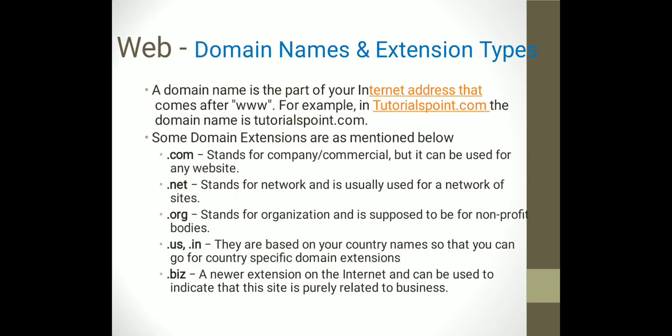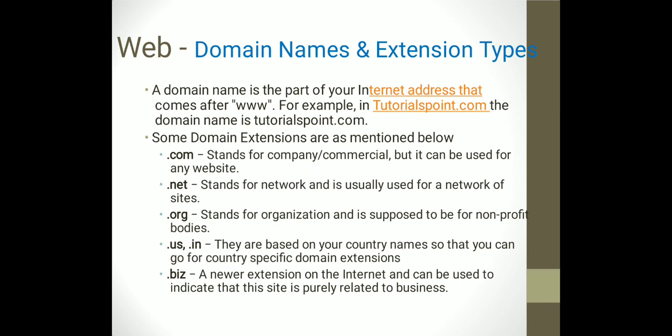Okay. Then web domain names and extension types. A domain name is the part of your internet address that comes after www dot. For example, www.tutorialspoint.com. The domain name here is tutorialspoint.com.